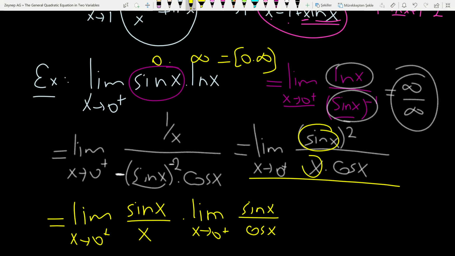When x tends to 0 from right, sine x over x goes to 1 and this part goes to 0. This is why this multiplication goes to 0.